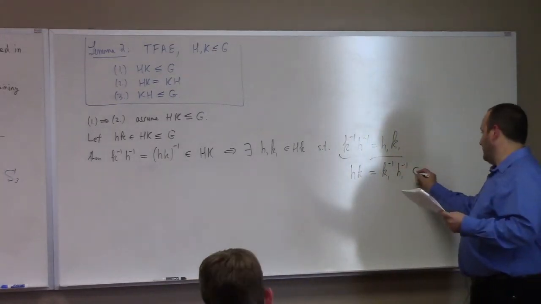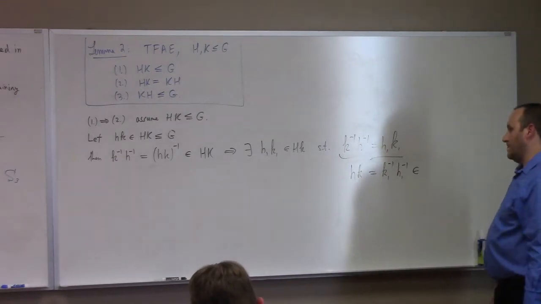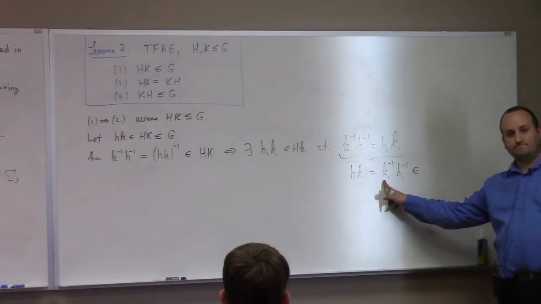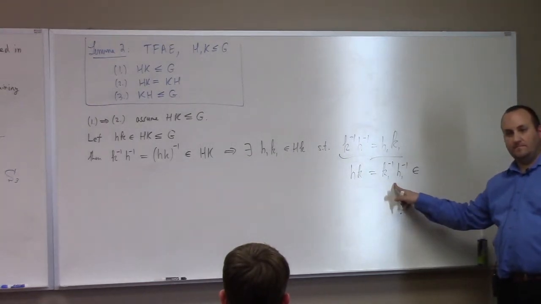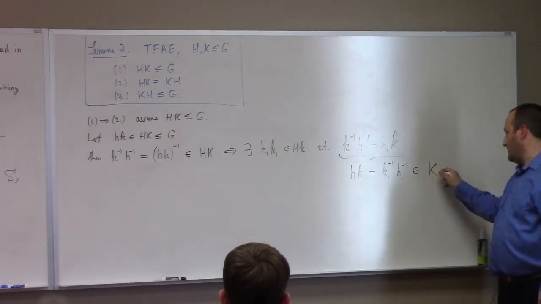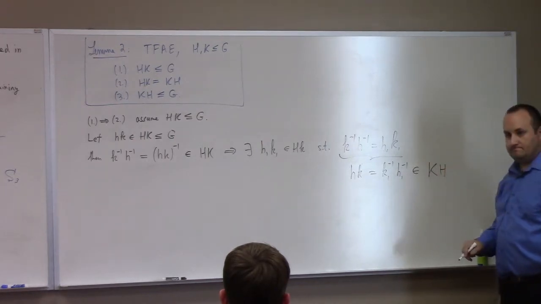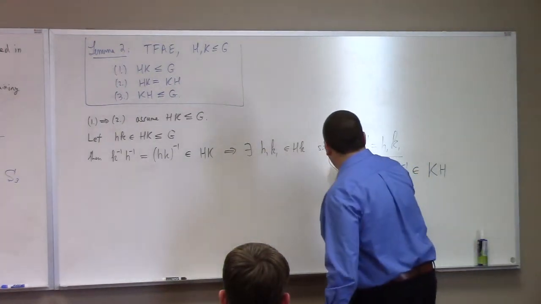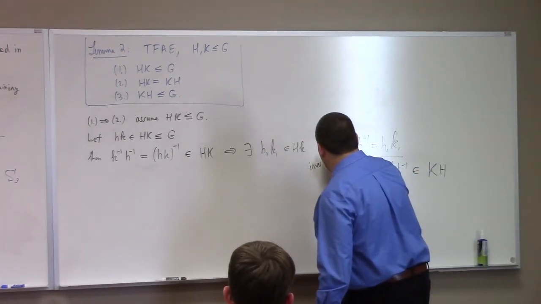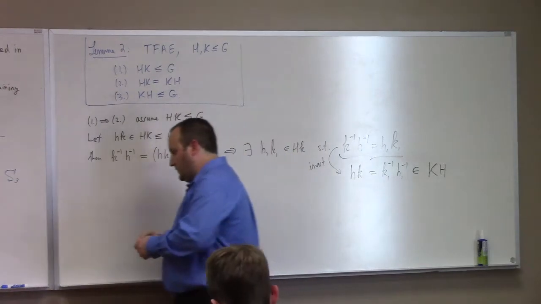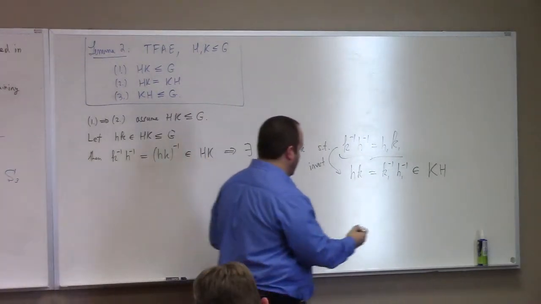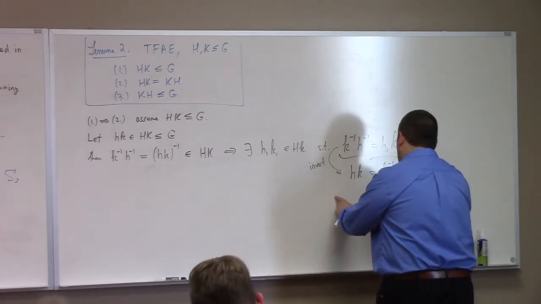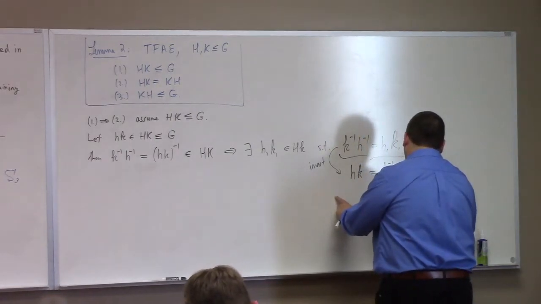Which is an element of what? This is in K. This is in H. So we're looking at an element of KH. To get from here to here, invert. So that shows, so far I've shown that HK is a subset of KH.